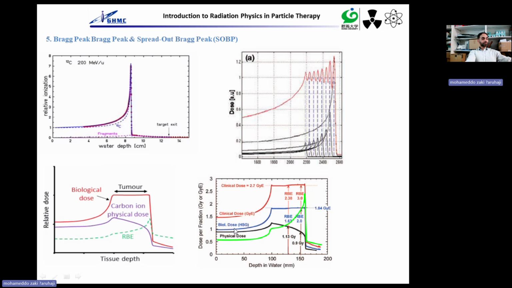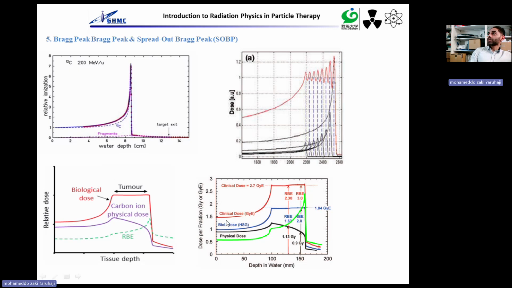Yeah, when we see some kind of graph, a physicist may understand what mechanism is happening there. I have an idea about SOBP and physical dose, but here I am seeing a clear graph of physical dose, biological dose, and clinical dose, and I do not understand them.